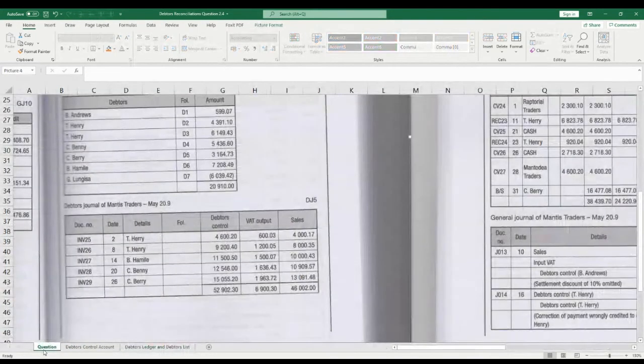Okay, now let's move on to the debtors journal. What information in the debtors journal will I use for my T account? And you can give me the amount and just tell me whether it will be a debit or a credit.